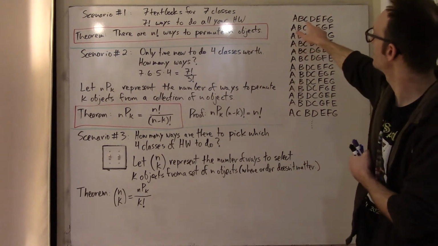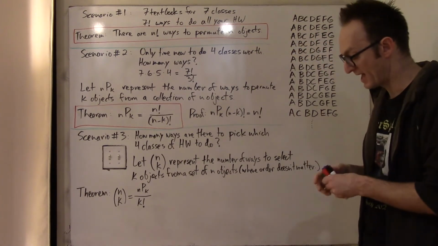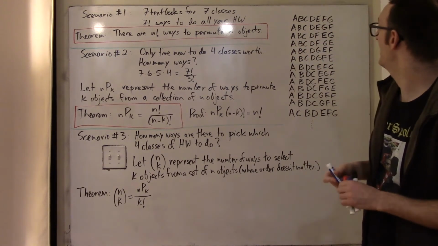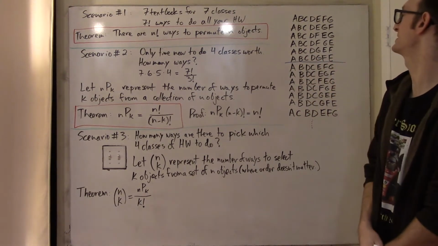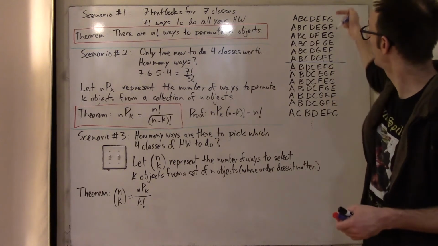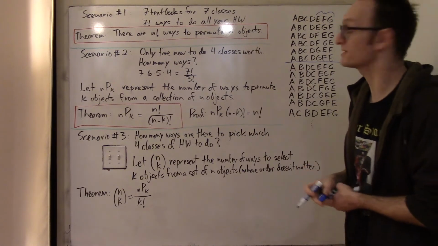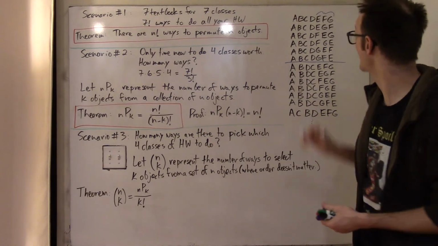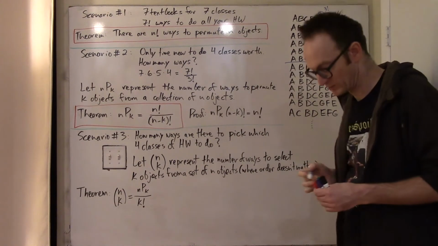And we see A, B, C, D, E, F, G, A, B, C, D, E, G, F, A, B, C, D, F, E, G, etc. And here we have 6 of these that all begin with A, B, C, D, and they differ only in the last 3 homeworks. And it's not a coincidence that I have 6 of these, because 3 factorial is 6.